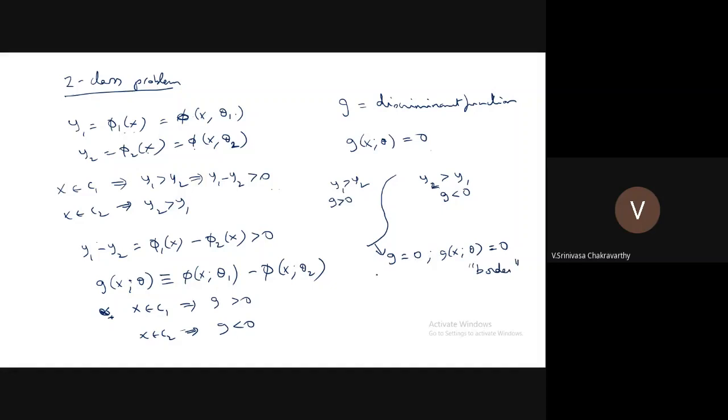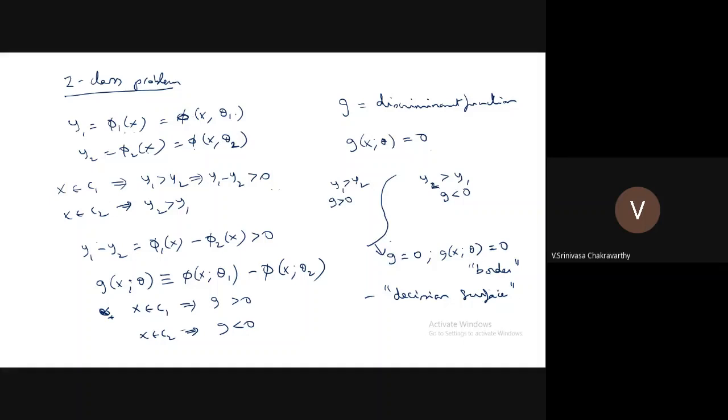We can loosely call it border, but more formally it is called a decision surface. Why is it decision surface? Because this is where you make the decision whether the point belongs to class 1 or class 2. Okay, so 0 is a critical point, region at the border. If you slightly change to one side, you get class 1, otherwise you get class 2. So this is where the decision is made, so you call it the decision surface.